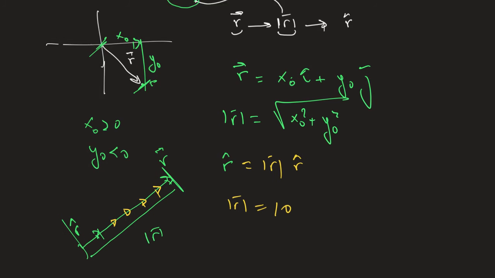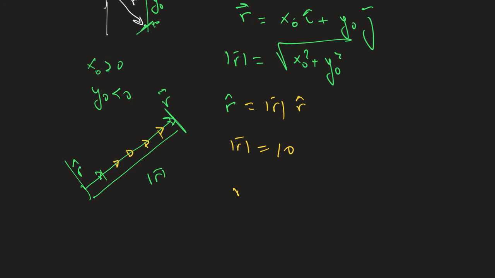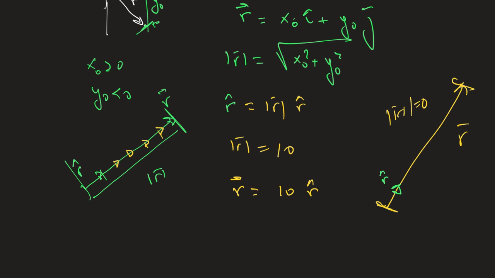If the magnitude of r is 10, I can make the vector r equal 10 times the unitary vector r. So if this is r, and the magnitude of r is 10, from here to here is 10, in the direction of the unitary vector r.